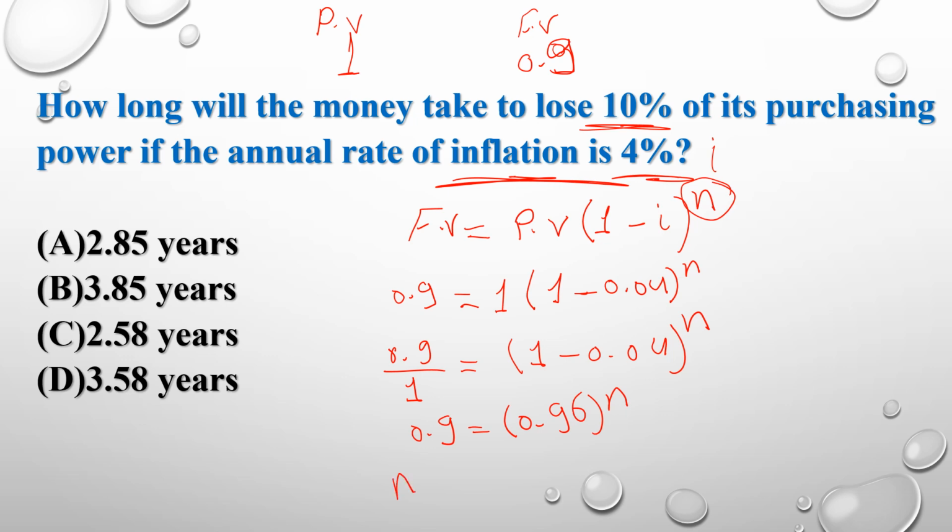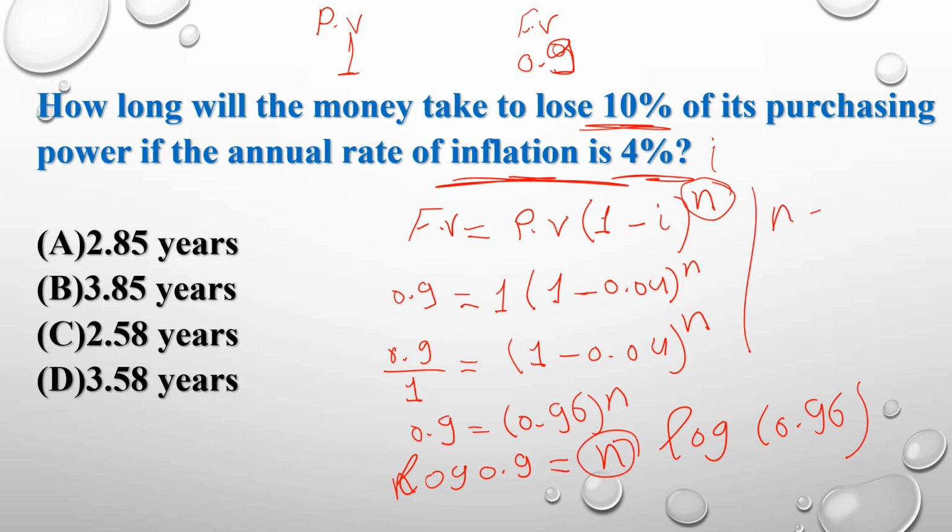We need to find n, so we will take the logarithm of both sides. So log 0.9 equals n log 0.96. So n equals log 0.9 over log 0.96, and this equals 2.58 years.